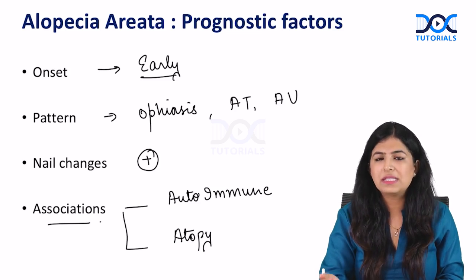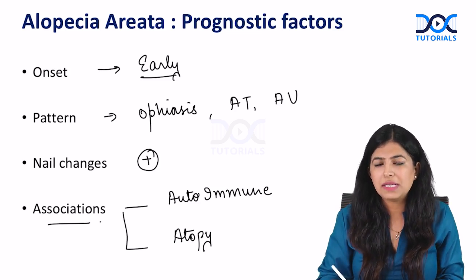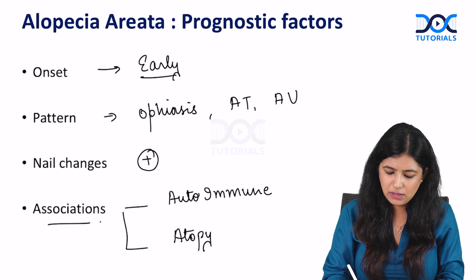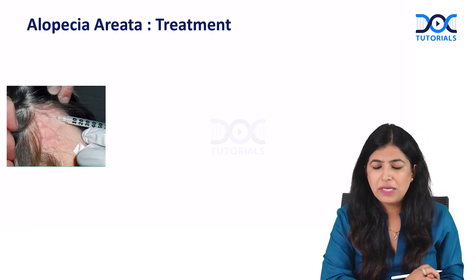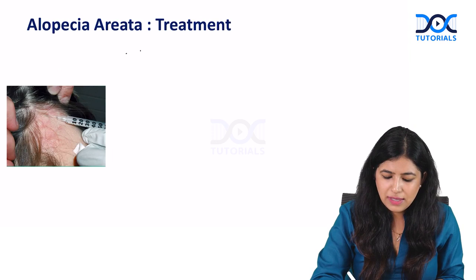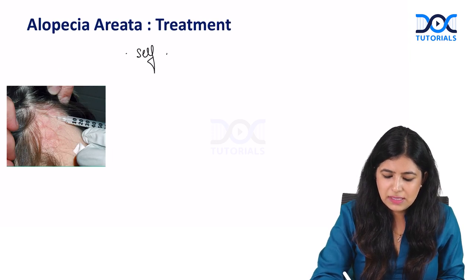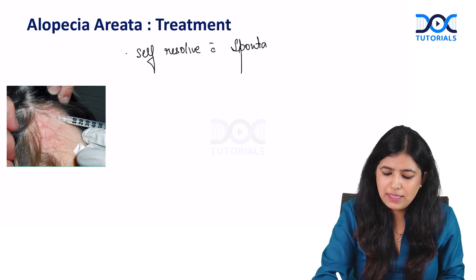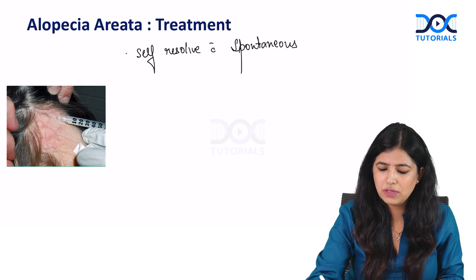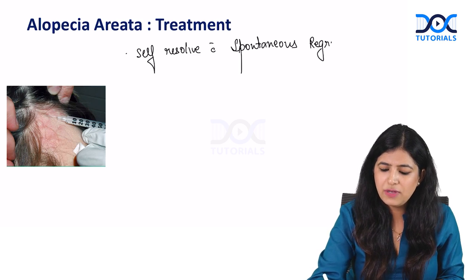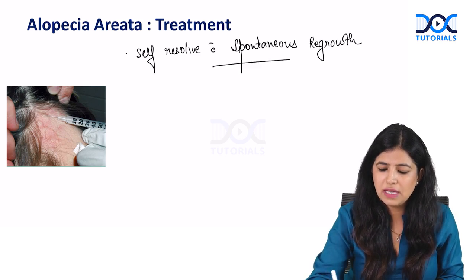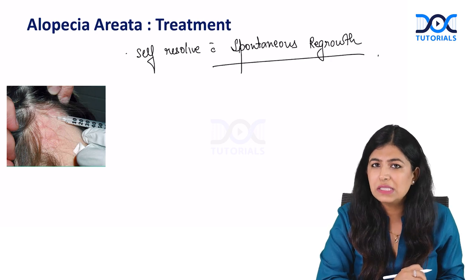So all of these are poor prognostic markers in alopecia areata. When you treat the patient, you tell the patient that in 50% of the cases, the disease will self-resolve with a spontaneous regrowth. So in about 50% of the patients, there may be a spontaneous regrowth.